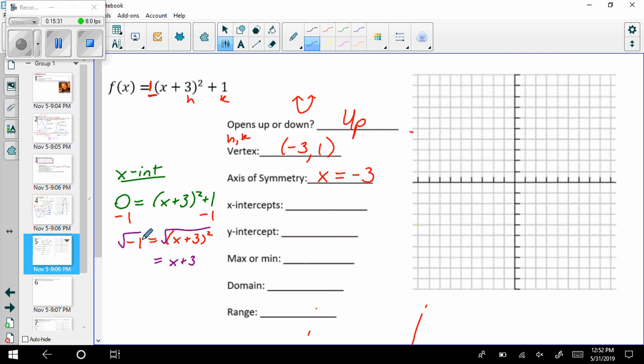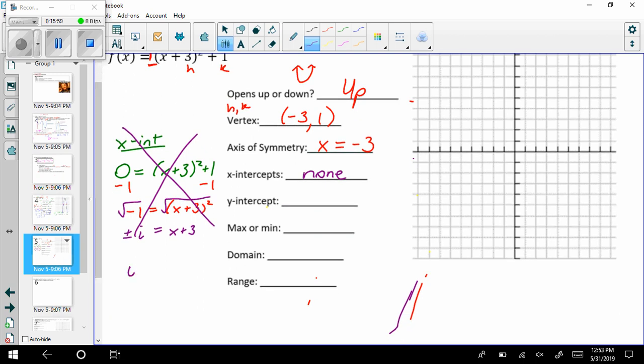Ooh, what's the square root of negative 1? You should say it's i, plus or minus. I'm actually going to stop the train there because if I finish solving for x, I have imaginary intercepts. So what that actually means, because they're imaginary, this parabola will not touch the x-axis. It will not touch the x-axis.